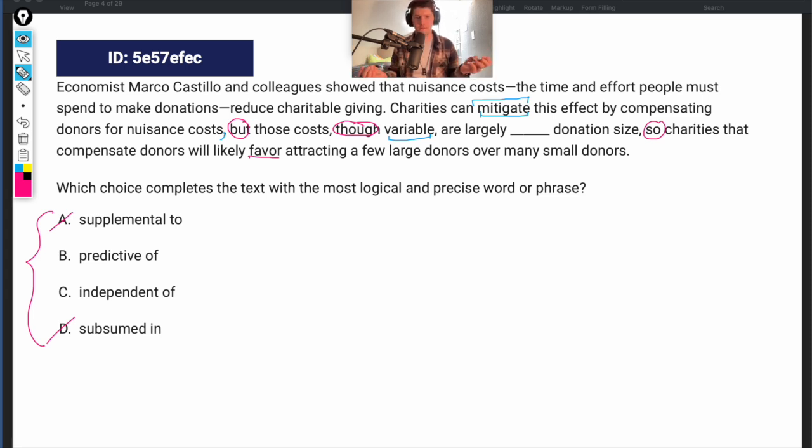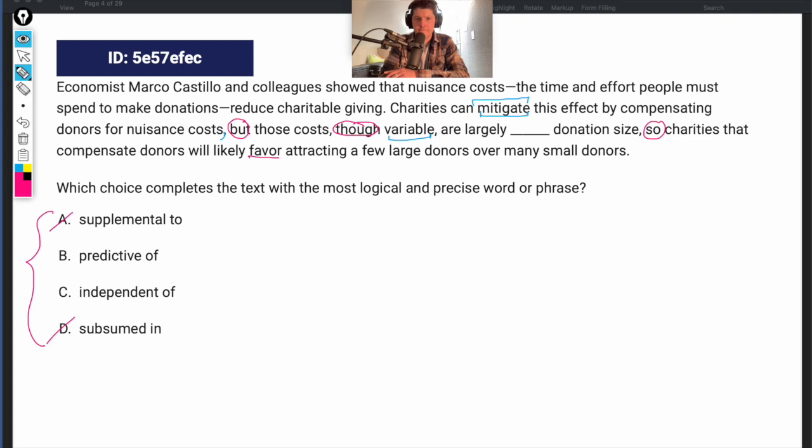And subsumed in, same thing. So now I have predictive of or independent of. These are very, very different, right? If the costs are predictive of donation size, then the amount of those costs can tell you about the amount of the donation. And if they're independent, then that's not the case.